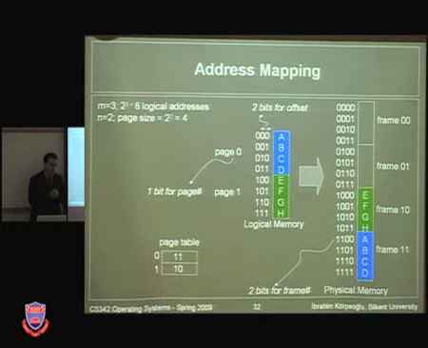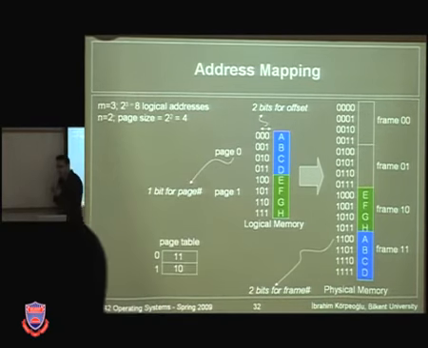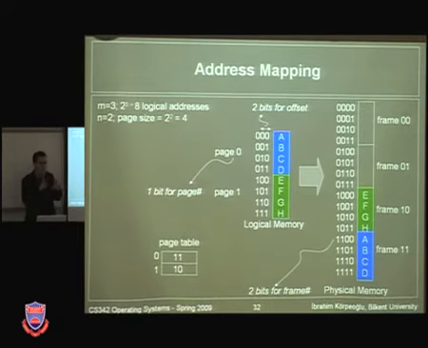The page table tells where each page of the program is loaded in memory, in which frame, right? It has this mapping maintained. The operating system sets up the page table, but the hardware uses that page table to make the translation. Whenever the CPU is executing instructions, for every instruction we make at least one memory reference, and for each reference we convert the logical address to a physical address.